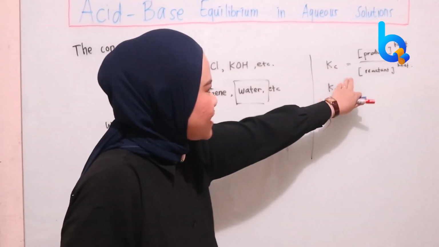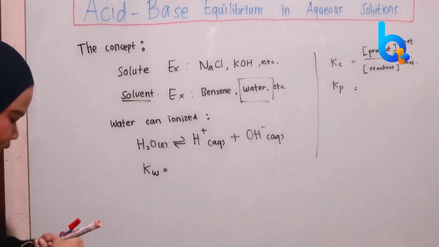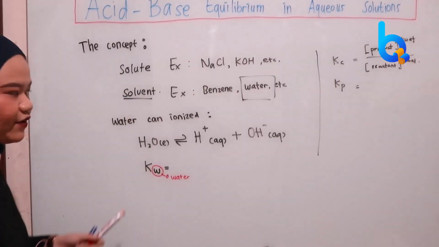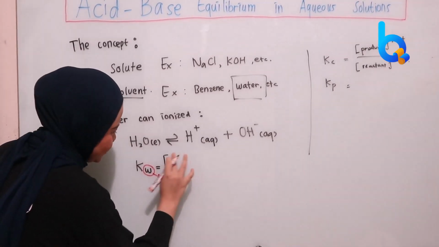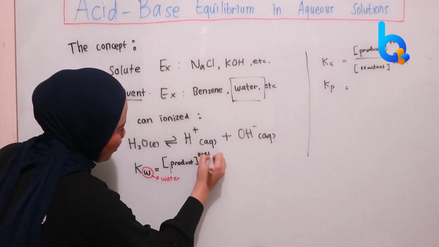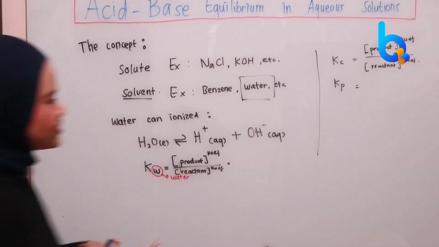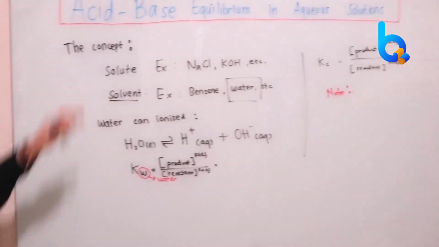So we put this equation together with H2O and K. Why Kw? Because in this form it is water. It makes it a little bit different from Kc and Kp. So Kw is equal to the concentration of products to the power of coefficients over reactants to the power of coefficients. Okay, so these are the notes on the general properties of equilibrium.